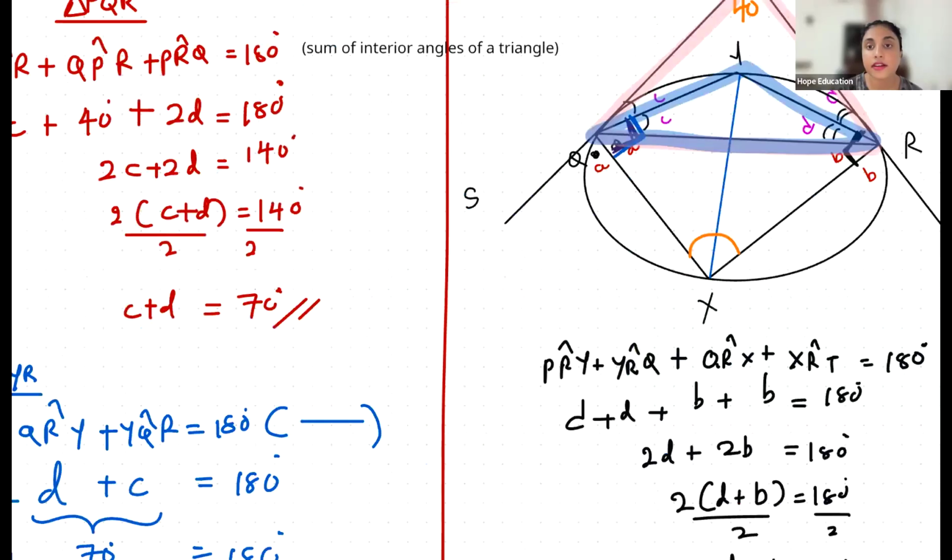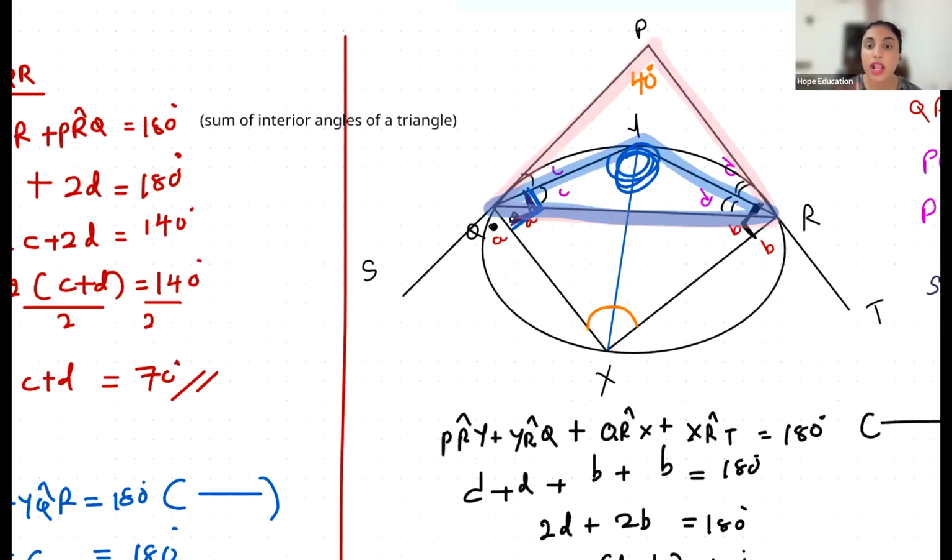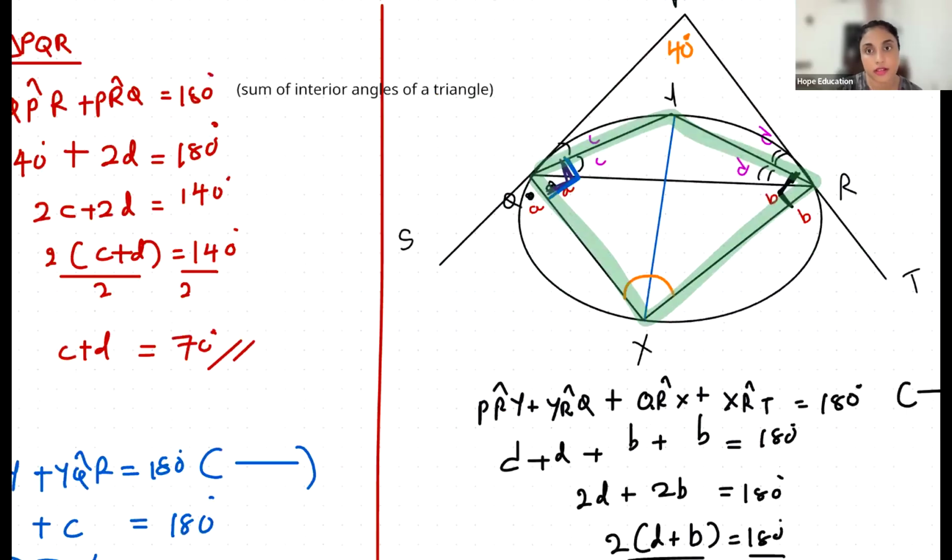So this is 110. Let me erase this. Because this is a cyclic quadrilateral, right? Opposite angles become supplementary automatically, right?